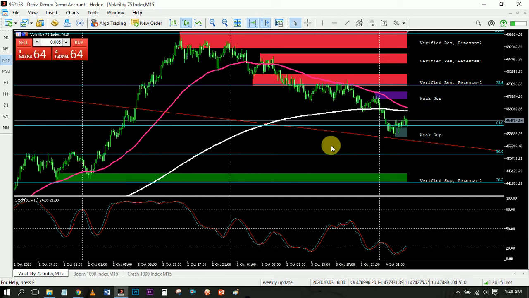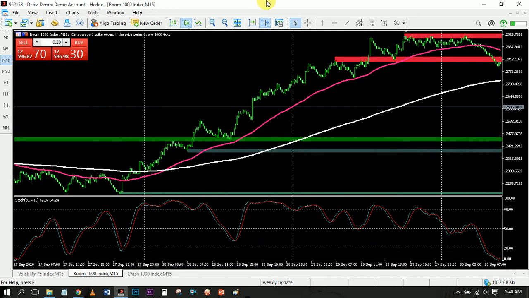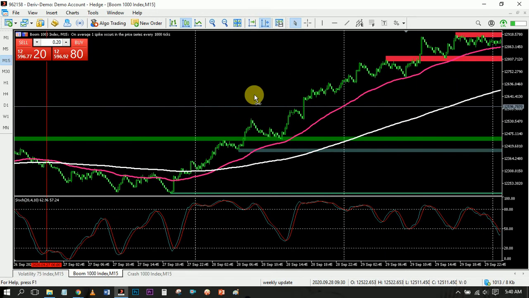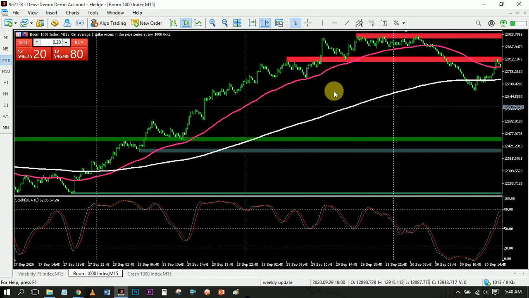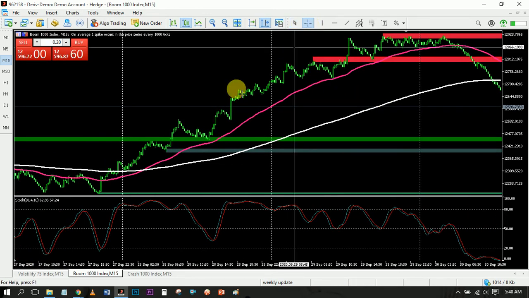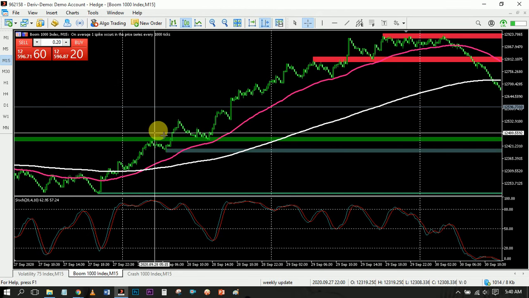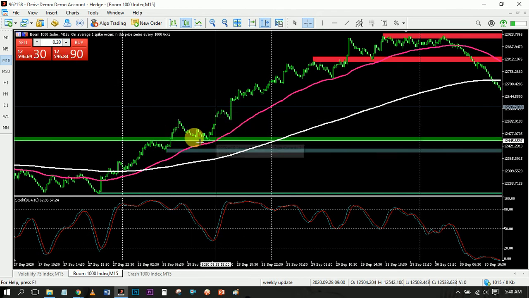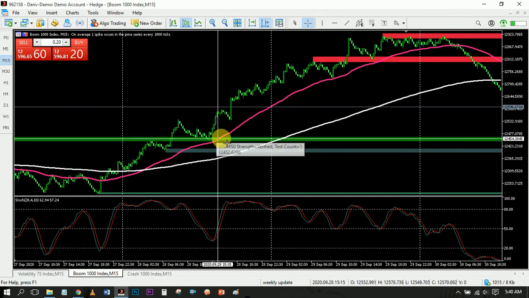So that's that. Then likewise the same for the Boom 1000, the Crash 1000. You can see that this previous week, the market dropped, this high and retested on this level.